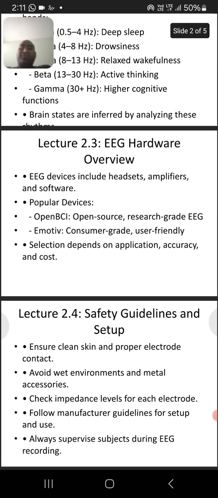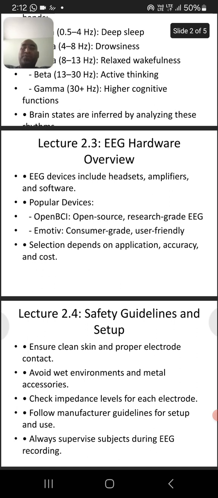What are the safety guidelines and setup? We have to ensure clean skin and proper electrode contact. Only with proper electrode contact can you get the correct output. Without that you cannot get a proper output; you will get a noisy signal or an artifact-based signal.